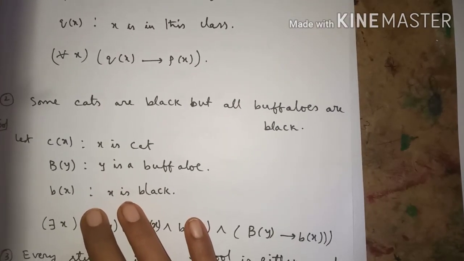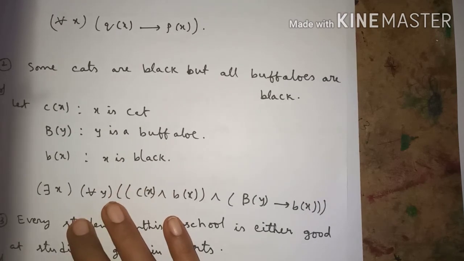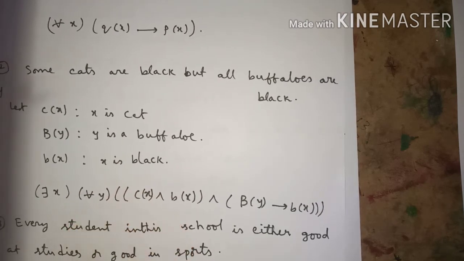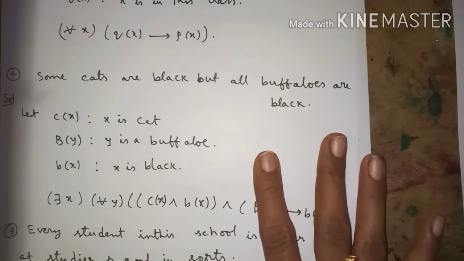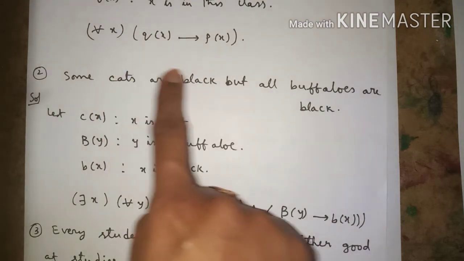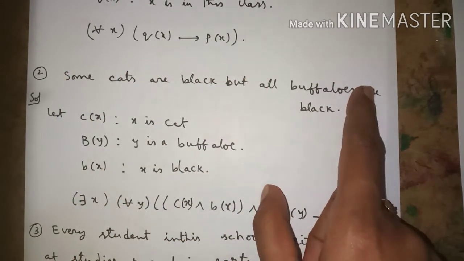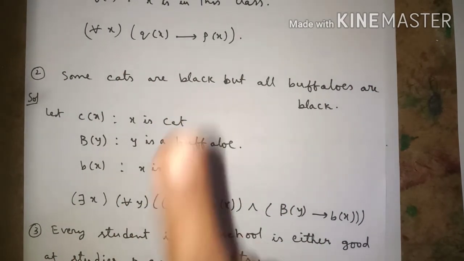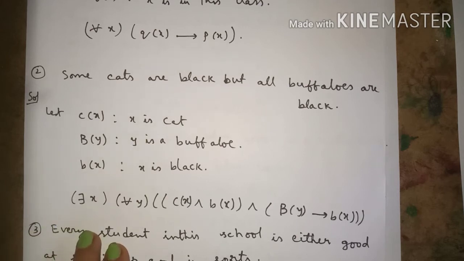The second example: some cats are black, but all buffaloes are black. Let C of x mean x is a cat, B of y mean y is a buffalo, and B of x mean x is black. To write this statement in predicates, I am using small predicates like this.